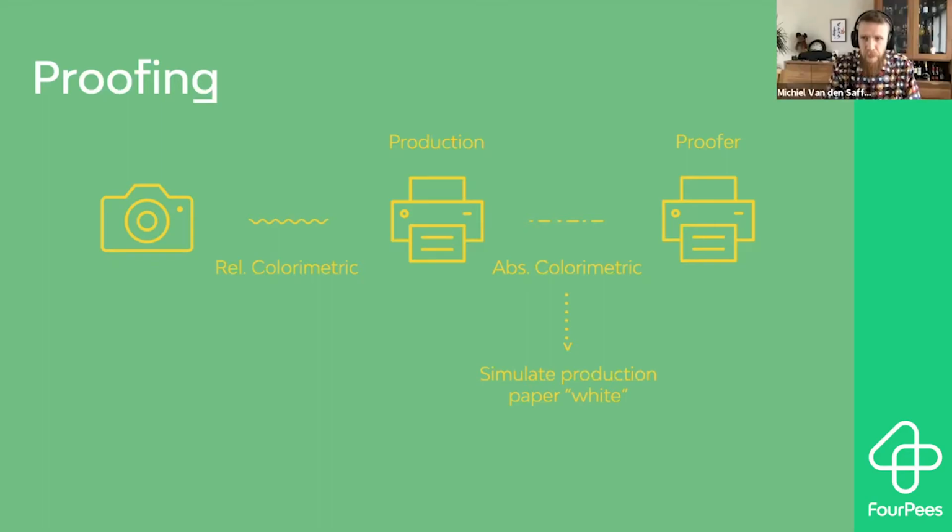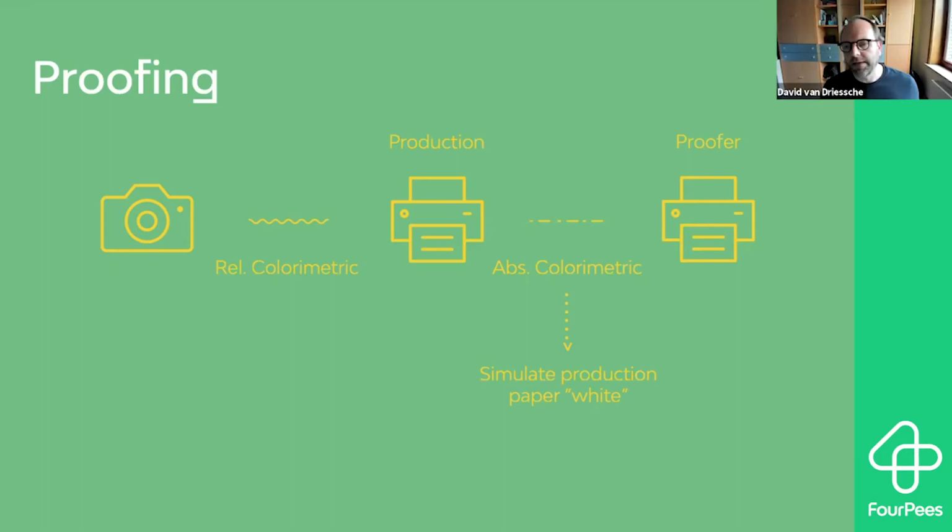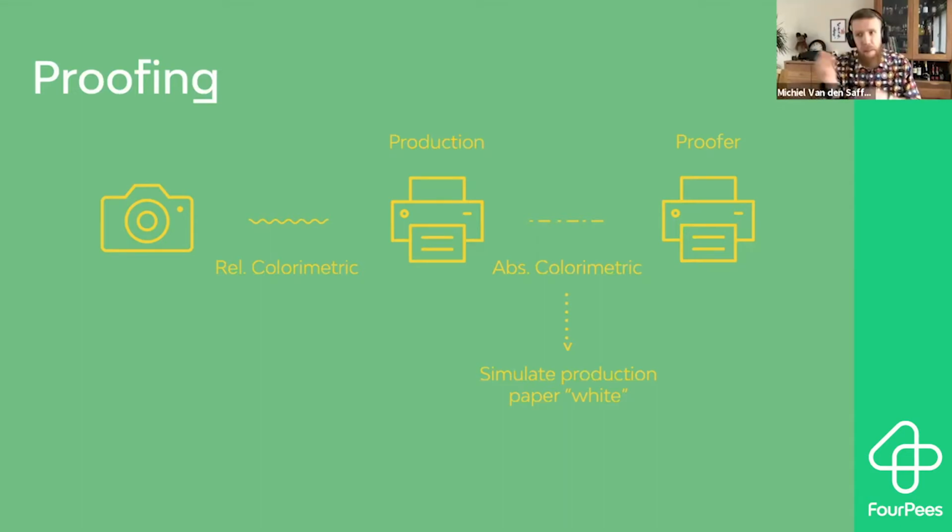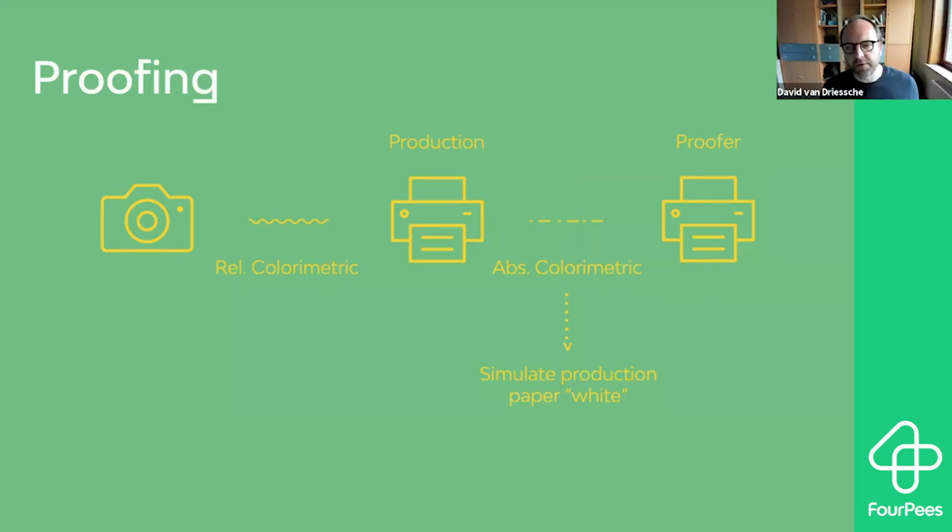If I do this relative colorimetric conversion, I would end up with yellow instead of white for those areas. Yeah, that white would be whatever color your paper is. And with the absolute colorimetric transformation, instead of converting it back to the white that your proofer can probably do, you're purposefully keeping it to the yellow, so it represents the same as what would happen on the production device.